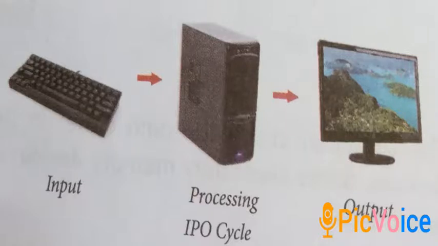IPO cycle. My dear students, IPO stands for input, process and output. Input is entered data to a computer or given instructions or commands that the computer accepts, and according to given instructions data is processed, and output is processed data that gives a meaningful result.